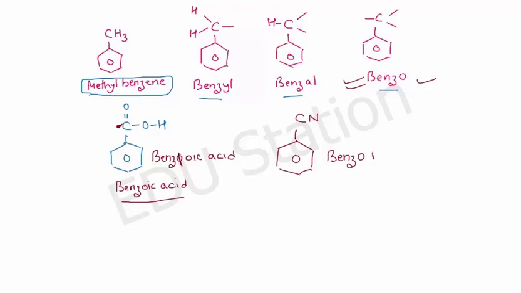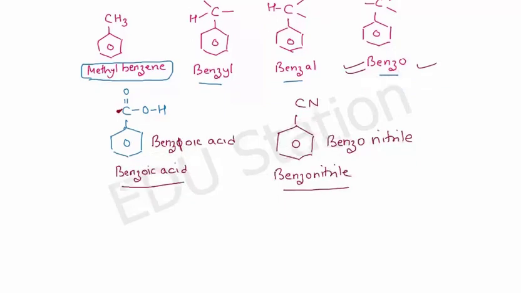For nitrile, we use nitrile. In this case, the vowel is not going to get eliminated. So we simply call this benzonitrile. So you don't have benzenitrile, you have benzonitrile. You have to understand how you get benzonitrile. This is coming from this.